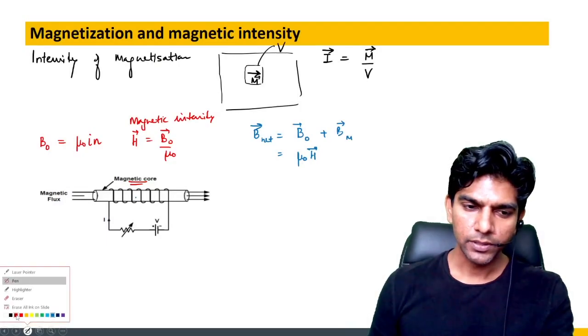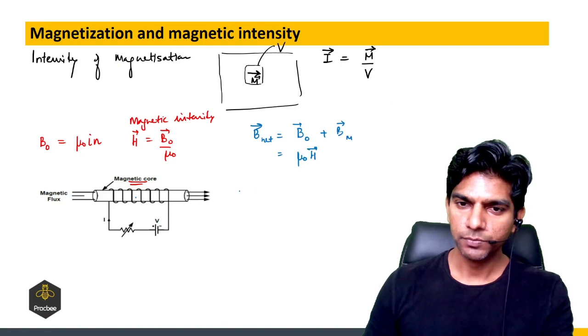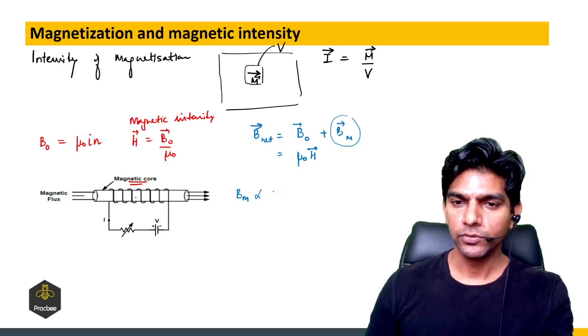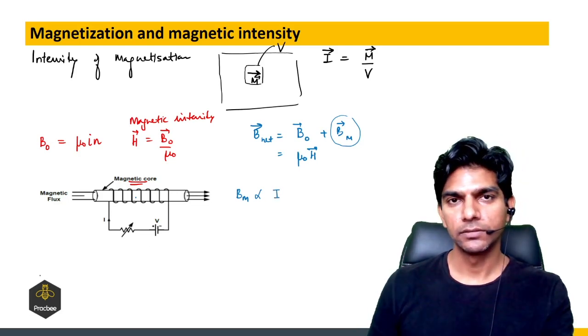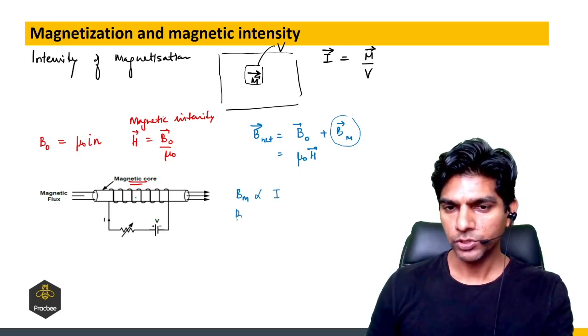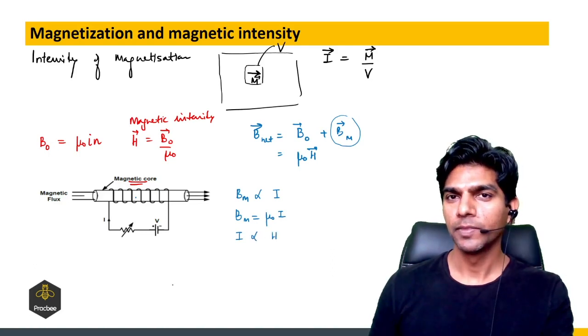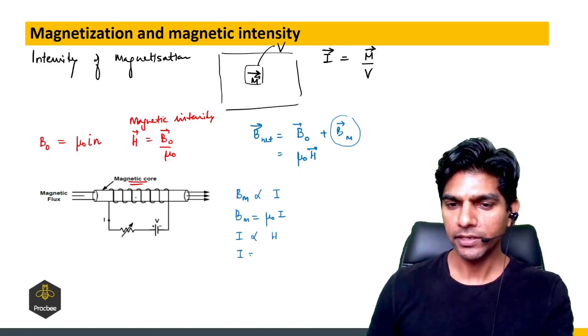And this Bm is directly proportional to the intensity of magnetization, and the constant of proportionality here will be mu naught. And this intensity of magnetization is proportional to the magnetic intensity, and the constant of proportionality here is chi, so I equals chi times H.